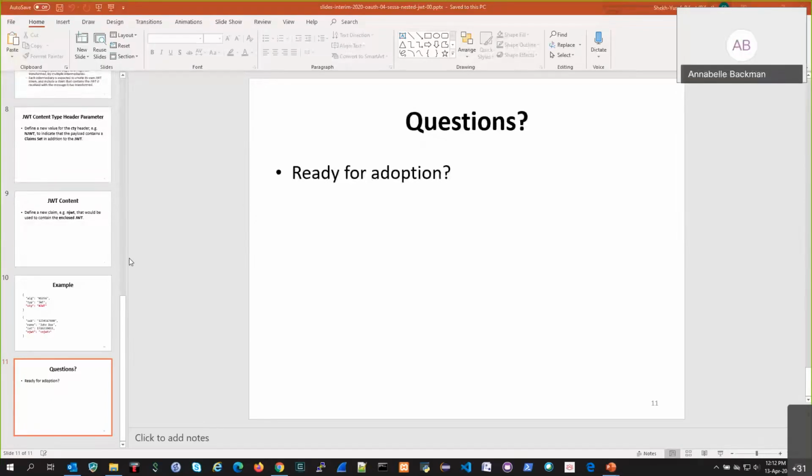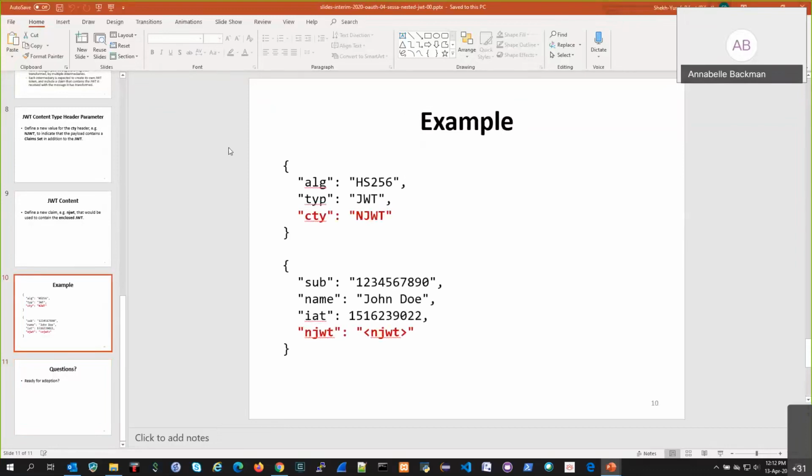Annabelle Backman, Amazon. I understand the use cases that you laid out. I definitely get why someone would want to nest a JOT within another JOT. What I'm not clear on is the value of defining a specific claim that really is just stating the type of its value.